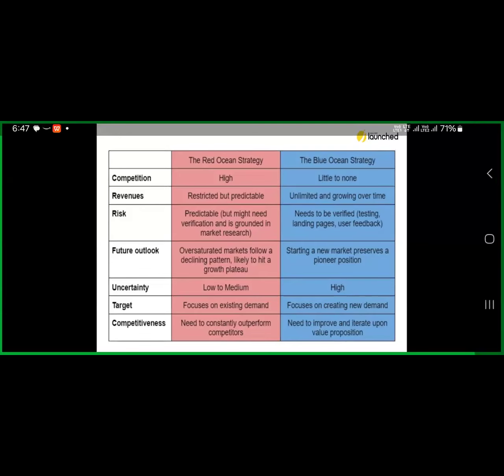Under competitiveness, you need to constantly outperform the competitors. In the red ocean strategy, if you want to survive in tough competition, how can you survive? You can survive only if you are able to beat your competitors, because more competitors are there.